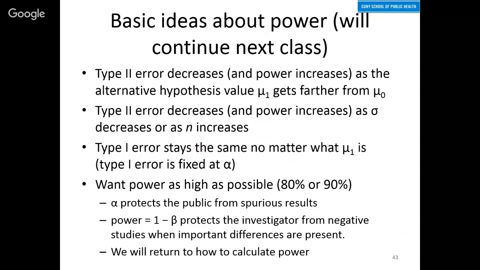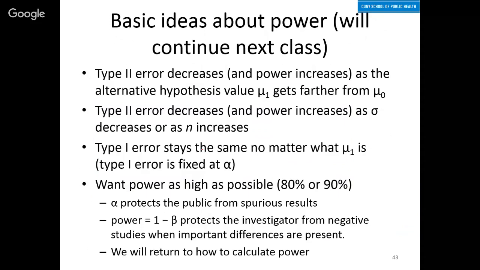So in the analogy of the courtroom trial, it's just sliding that bar, saying, if you need stronger evidence to convict, then you're less likely to convict, and you have less power to convict because you require more evidence. So in general, we want a high power.